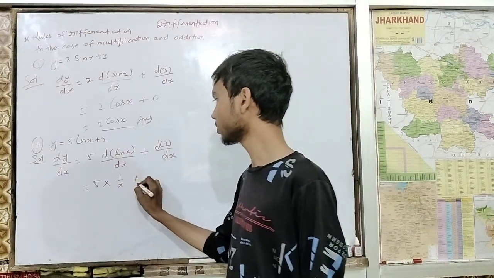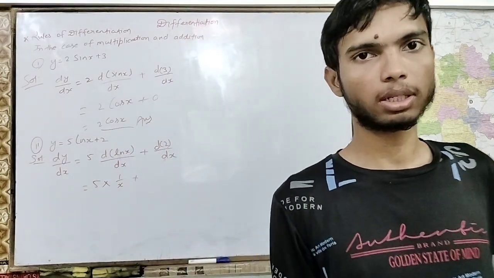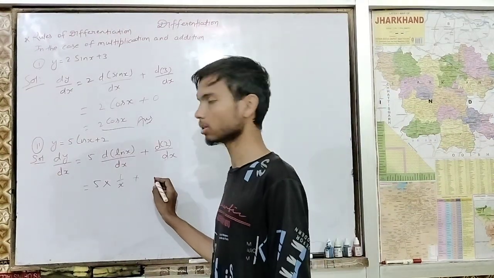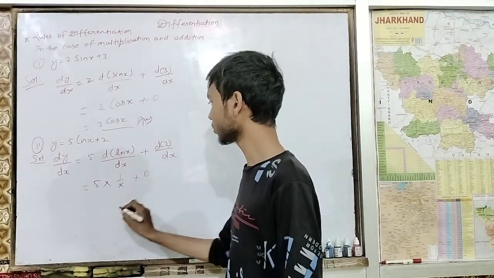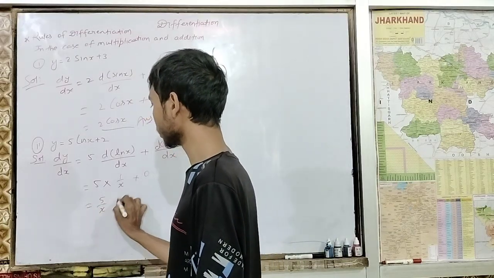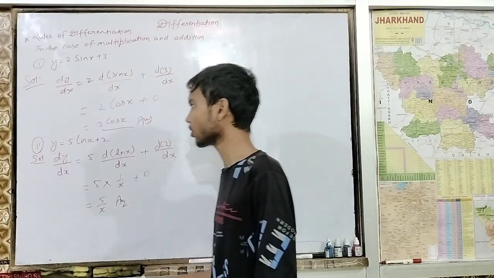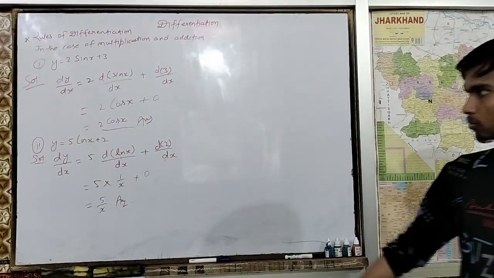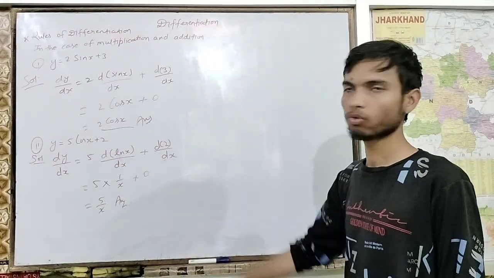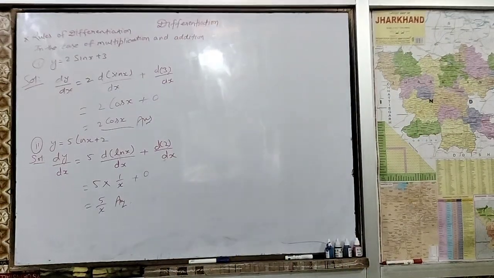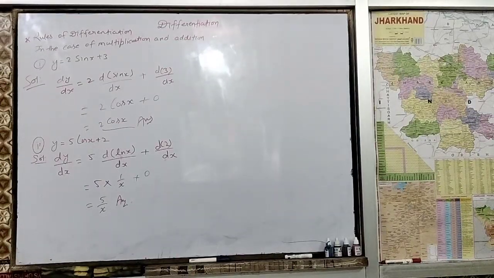Next we have 2, which is alone, a constant, so it becomes 0 after differentiation. Now you got 5 upon x. This is your final output of this input. Clear? So that is how you will solve. This is the process to solve any question.